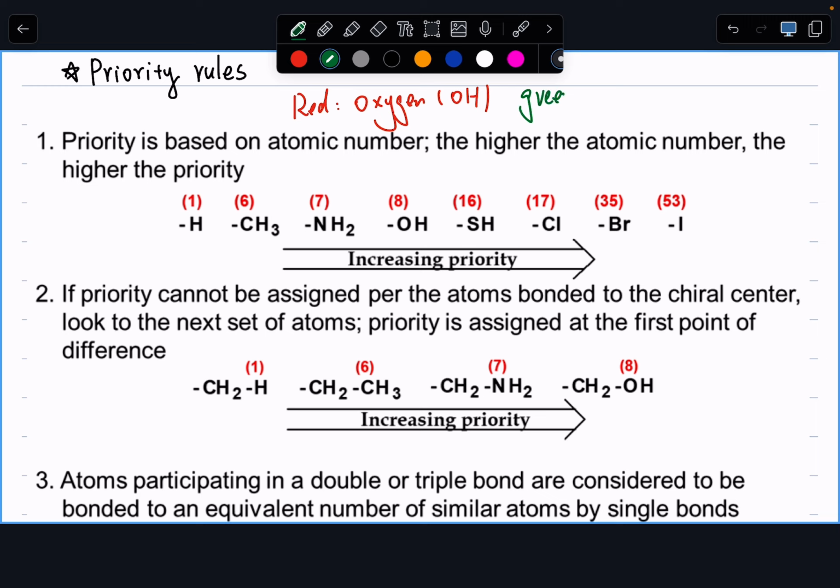The green one is my fluorine, and fluorine is number 9, oxygen is number 8. And then the blue one, let's set it to be my NH2, or nitrogen. And that's number 7. And carbon, obviously, is number 6.